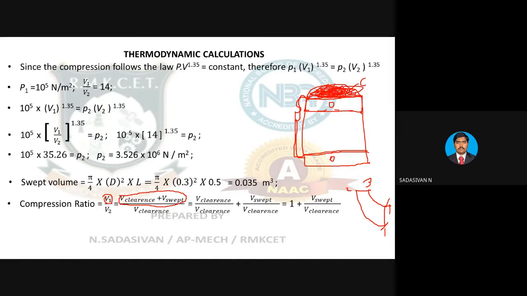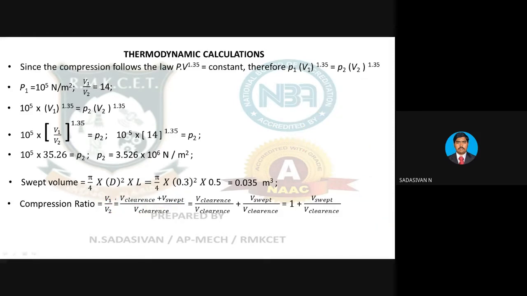Now at the point of 2 in your PV diagram, volume available is nothing but V2, just the clearance volume. So that is why I am writing V1 as the summation of clearance plus swept volume, and V2 as just the clearance volume. This is not a formula. It is just written with the geometry of the cylinder in your mind. Now what I'm going to do, I'm going to split this and write.